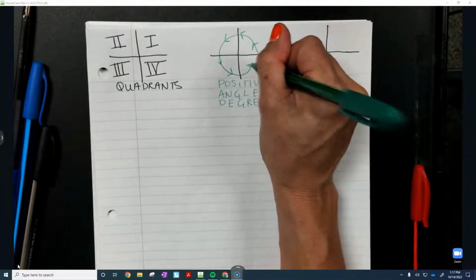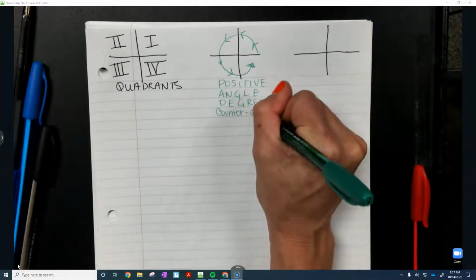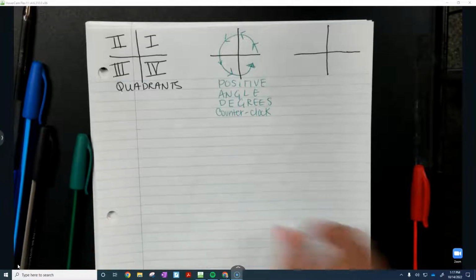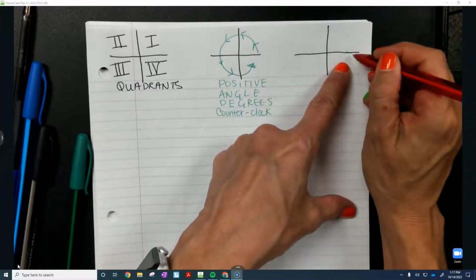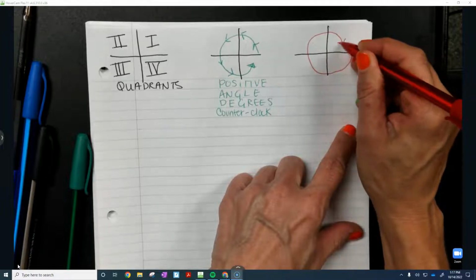And then on the, oh, and by the way, guys, that's counterclockwise. On the flip side, if I start on the x-axis and I go below, that's negative.